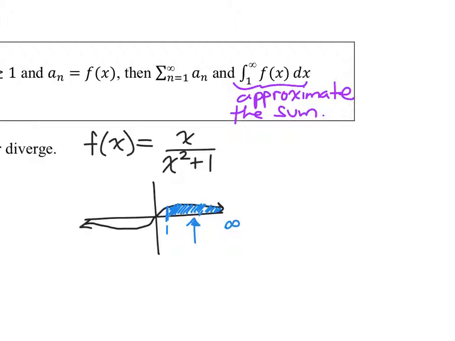That would be the antiderivative from 1 to infinity of f of x dx. Now, a sub n is equal to n over n squared plus 1. That's different, but not crazy different. It's just different in the way you would plot it.